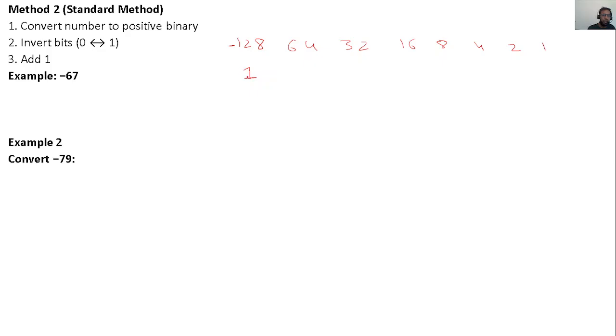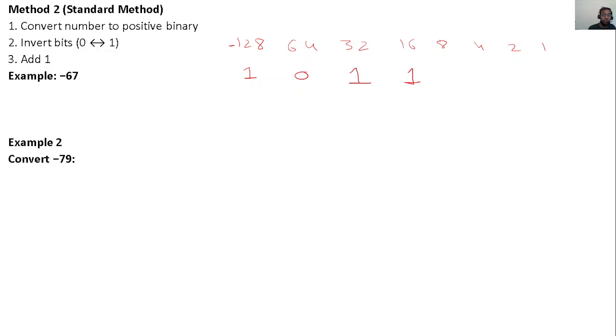Minus 128 plus 64 becomes minus 64. This minus 64 is larger than minus 67, so we put 0 here. Minus 128 plus 32 gives us minus 96. Minus 96 is smaller than minus 67, so we put 1 here. Minus 96 plus 16 gives us minus 80. It is still smaller than minus 67, so we put 1 here.